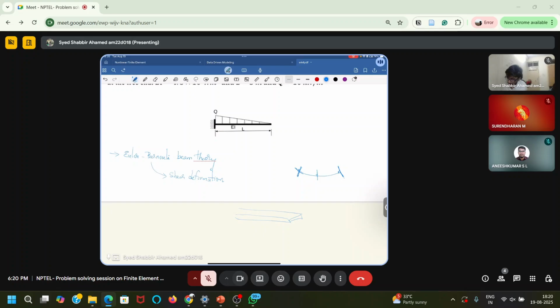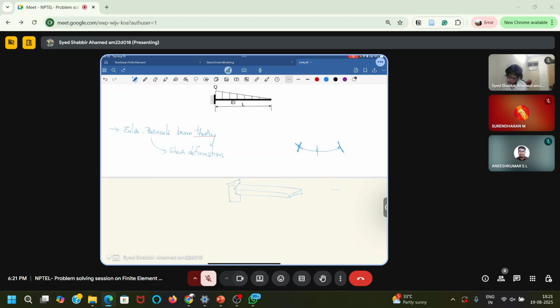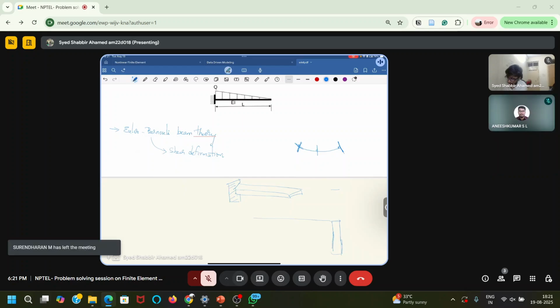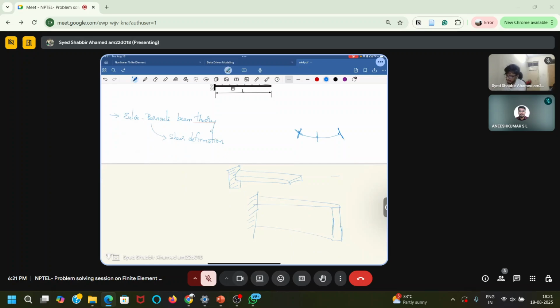But if your beam has a high thickness, something like this, let's say this is fixed, if I have a beam like this with very high thickness, then you cannot neglect shear deformations. At that time we have to go through Timoshenko beam theory or some other beam theory. But for the time being, we will only go through the Euler-Bernoulli beam theory.